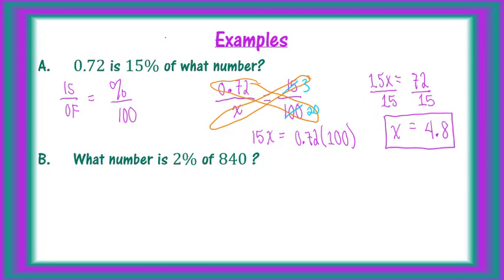Okay, example B. What number is 2% of 840? Our standard formula again is is divided by of equals percent divided by 100. What number is? We don't know what it is, so we're going to go ahead and stuff in a variable, or x, of 840.